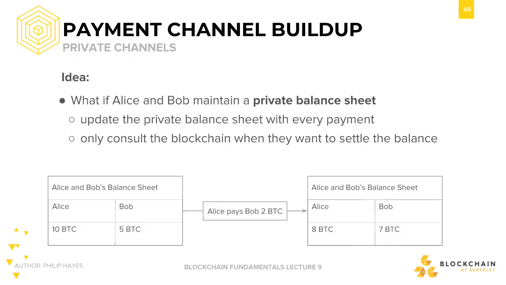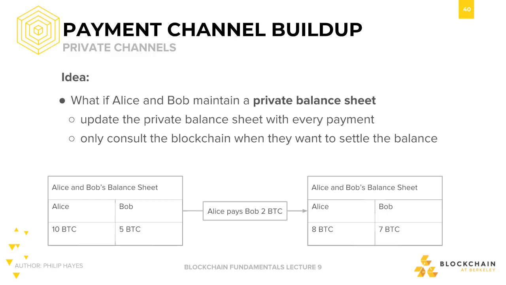What it would look like is if they open a private balance sheet with Alice with 10 Bitcoin, Bob with 5, and somehow through a variety of transactions we get to another state where Alice ends up at 8 and Bob ends at 7, right? At that point, there's a mutual agreement to send 2 Bitcoin, and that's finalized.